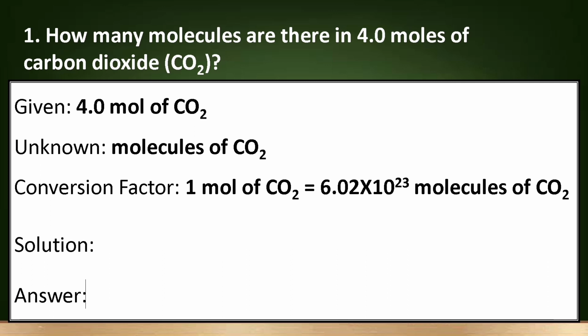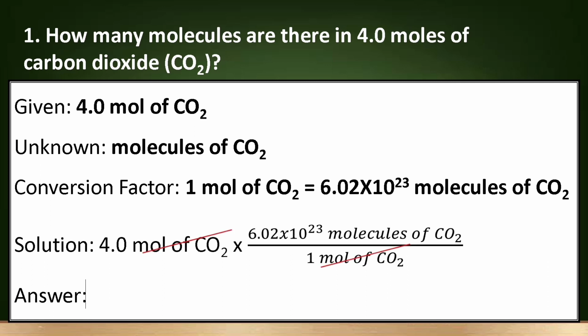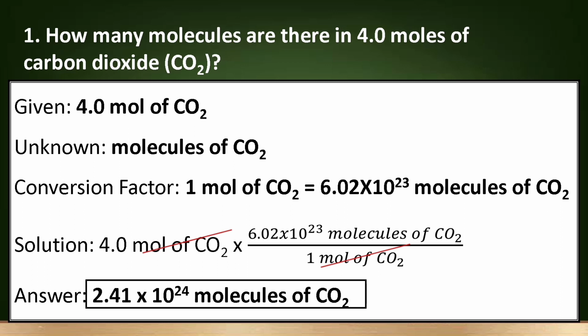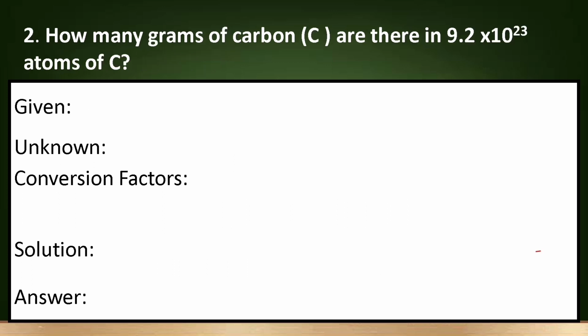So the solution will be 4.0 mole of carbon dioxide times 6.02 times 10 raised to 23 molecules of carbon dioxide divided by 1 mole of carbon dioxide. So, the answer will be 2.41 times 10 raised to 24 molecules of carbon dioxide.